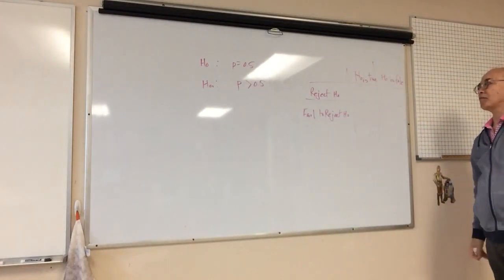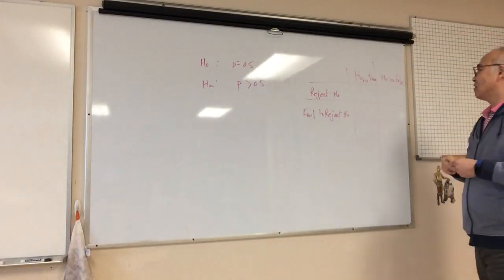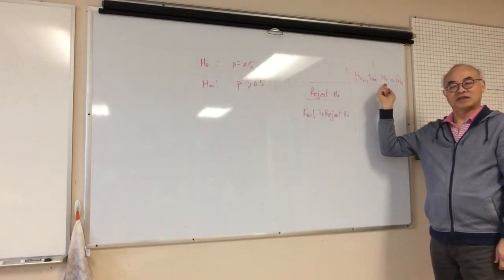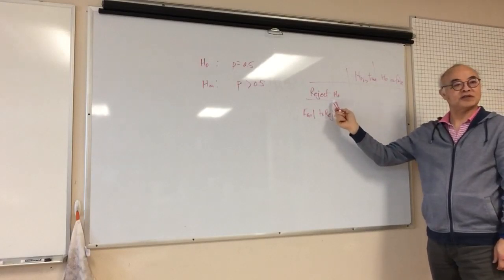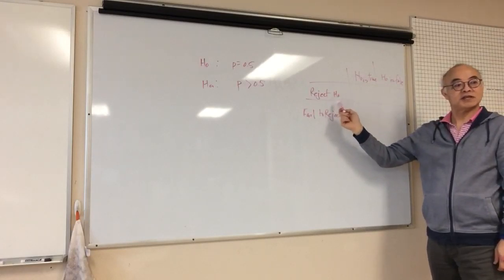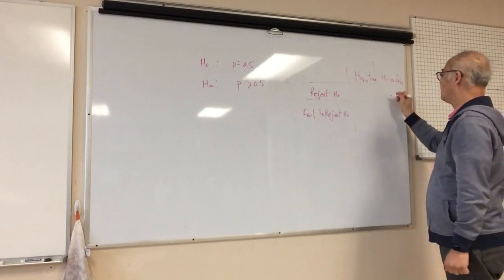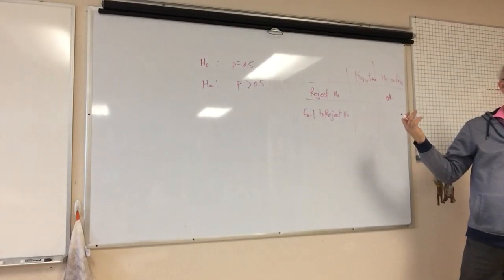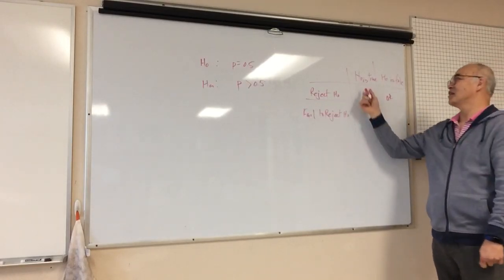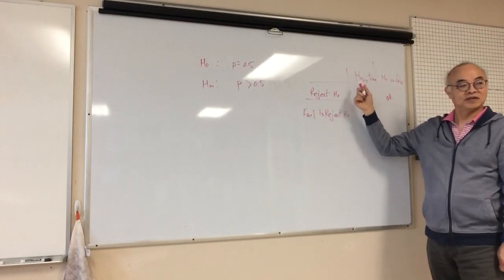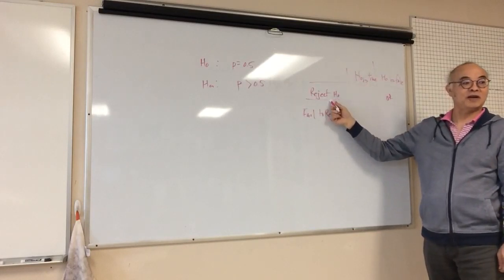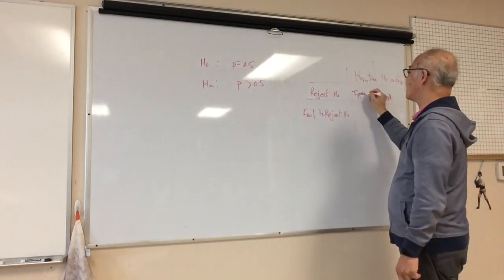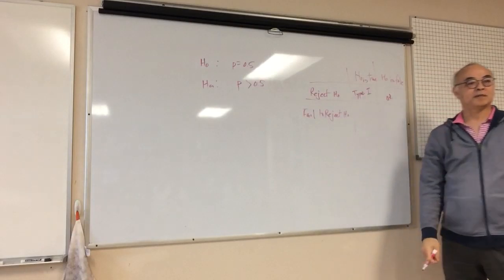If H0 is false, I'm supposed to reject H0, correct? This is what's supposed to happen. What's not supposed to happen is when H0 is true and I reject H0. So this is a type 1 error.